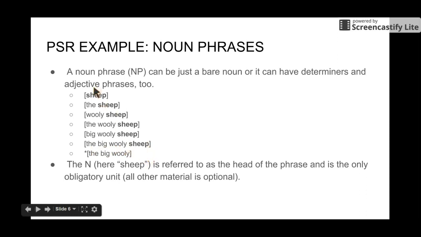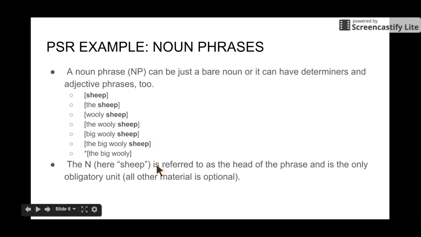So as we can see, the only element that occurs at every position in every string is sheep. So actually sheep will be the head of this phrase. And because sheep is a N, so it's a noun, the whole thing would be NP.